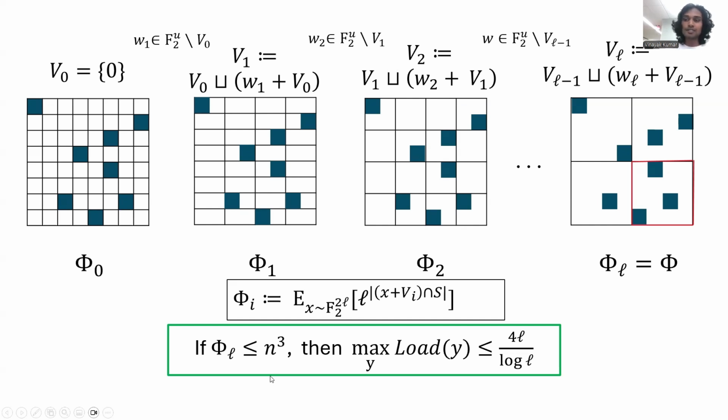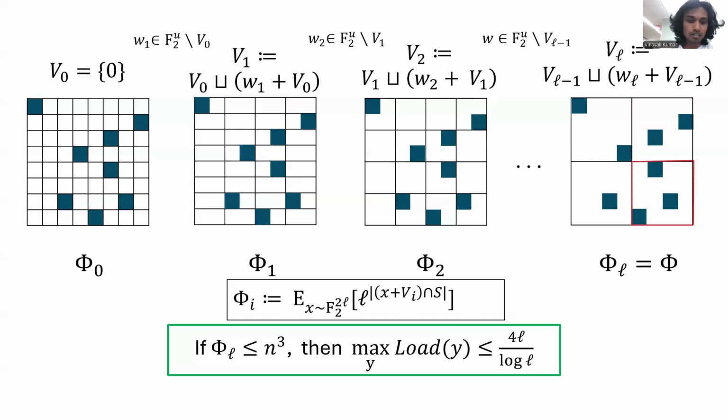At this point, I can now tell you how we're going to pick our kernel. This is what we're going to do. Notice that phi sub 1 only depends on the choice of W, and in general, phi sub i only depends on W1 through Wi. So phi sub 0 is a fixed real number.